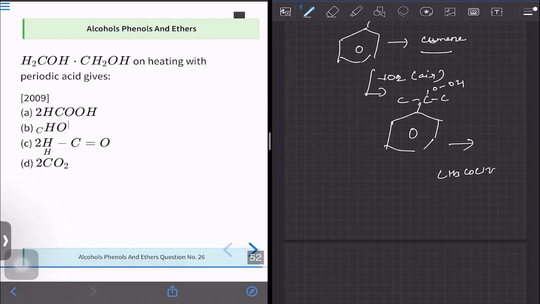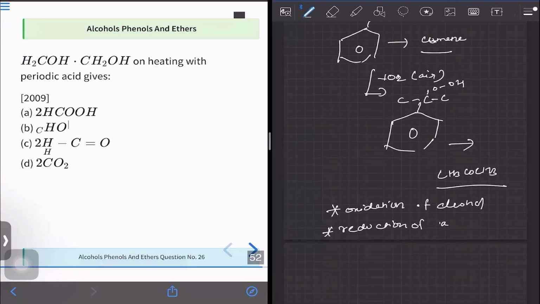This is a kind of preparation of acetone. How are ketones prepared? Ketones can be prepared from oxidation of alcohol or reduction of carboxylic acid. It is a kind of production of ketone from cumene hydroperoxide.